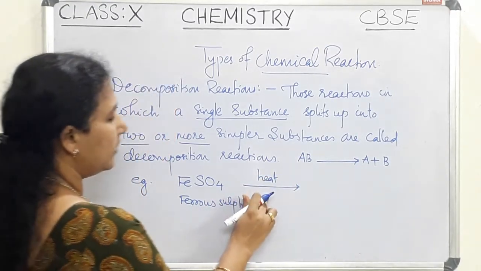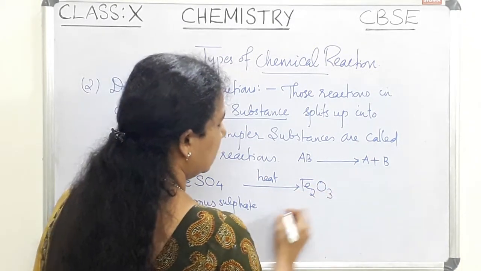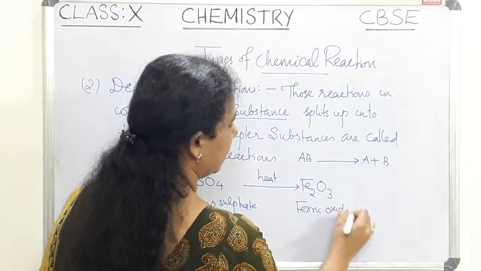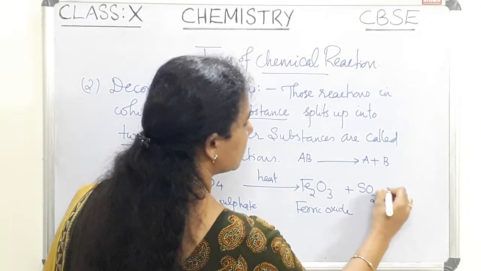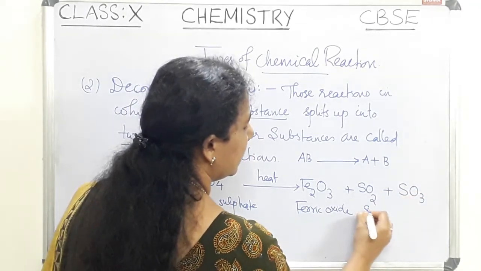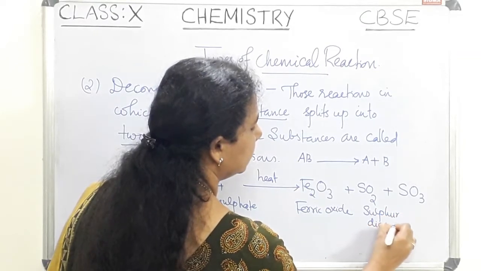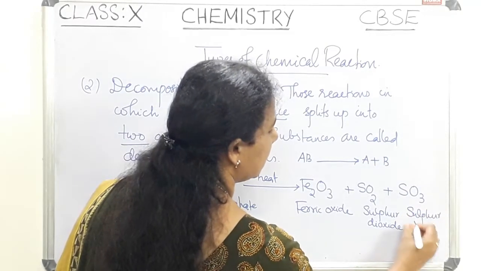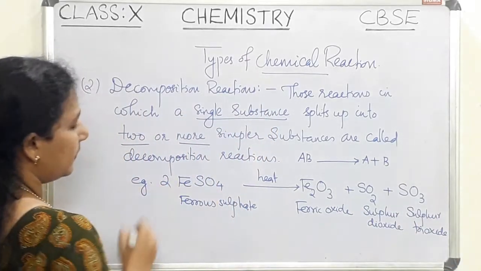When ferrous sulfate on heating produces Fe2O3, that is ferric oxide, and SO2, sulfur dioxide, and SO3, sulfur trioxide. So in this case 2 FeSO4 is needed.